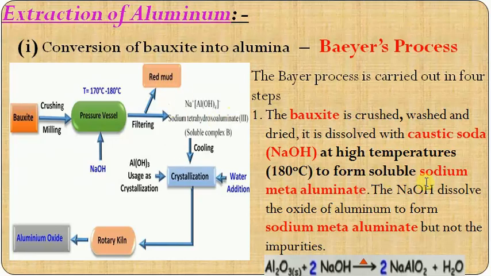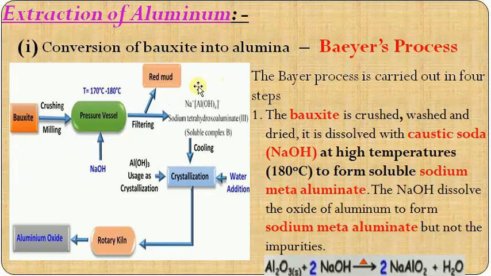Here I mentioned a word called soluble sodium metaaluminate, but here it forms a complex called sodium tetrahydroxoaluminate. What is the relation between these two? If you closely watch, the word meta indicates removal of water. You could see here, in the complex, there are 4 hydroxide groups. That means 4 hydrogen and 4 oxygen.